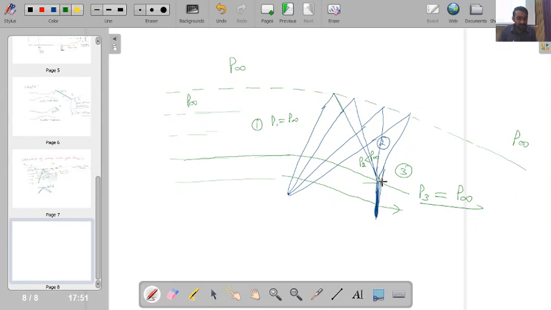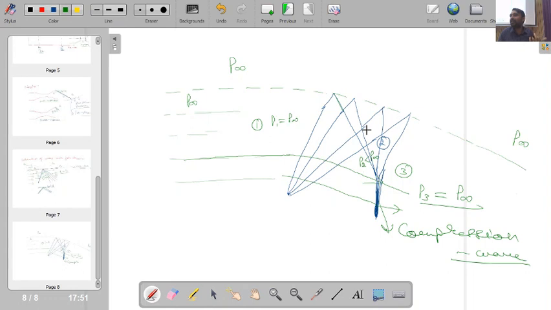Okay, so this is nothing but a compression wave over here. So if I have a far stream or free boundary, and expansion waves are incident on it, these will reflect as a compression wave.